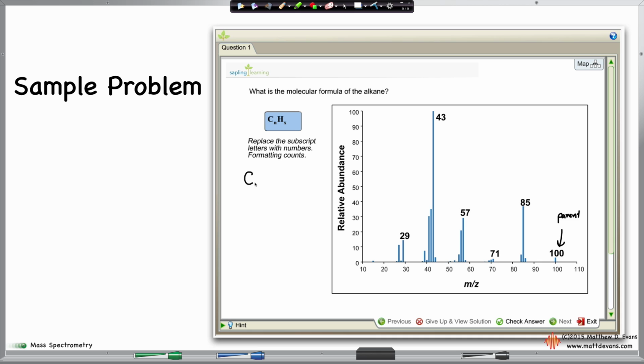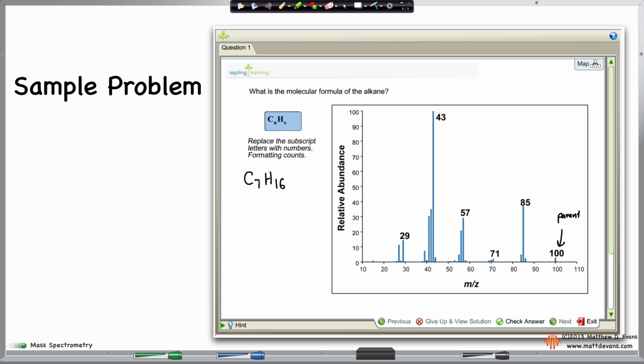I swear I just guessed at this, but I happened to guess correctly. C7H16 is the chemical formula, and I assure you that when you do the formula mass calculation for this, it equals 100. Okay, so that was a good guess on my part.